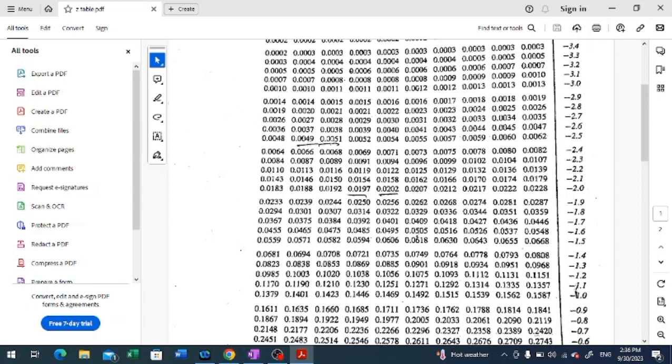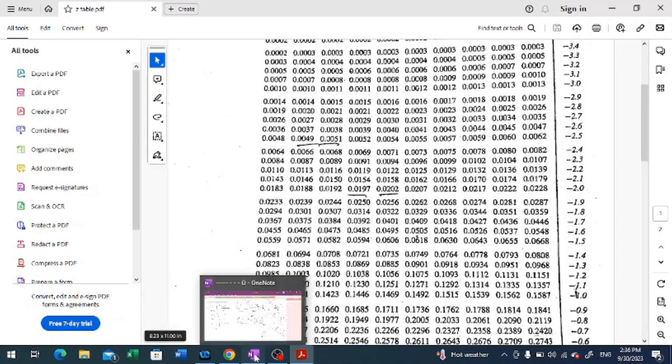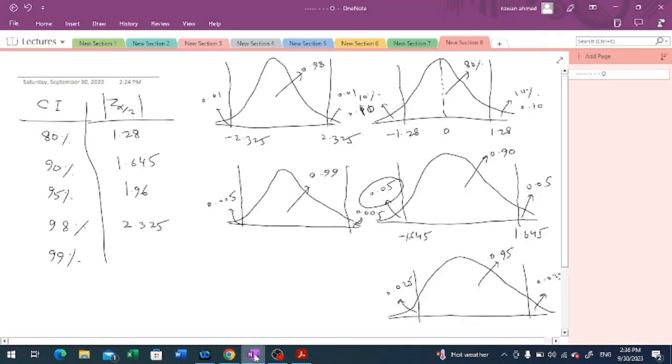Therefore, we read out the locations of these two probabilities in terms of z values, and then we go for the average. So minus 2.57 and minus 2.58 gives us the average value of minus 2.575.